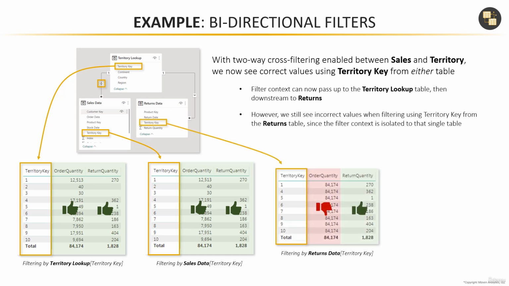Now, if we tried to filter using territory key from the returns data, same story as before, because that filter between returns and territory lookup is still one way, that filter context gets trapped in the returns data table, and we see the repeating totals for order quantity. So hopefully that makes sense.